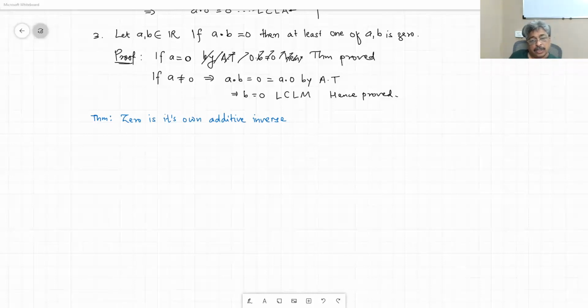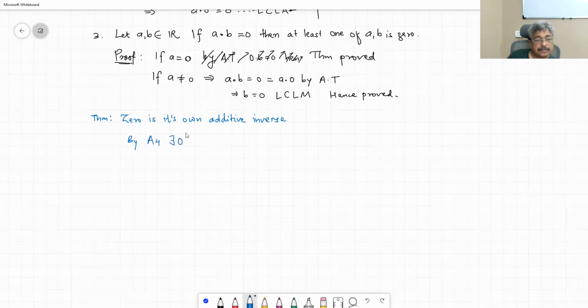0 is its own additive inverse. By A4 there exists 0 dash belonging to R such that 0 plus 0 dash is equal to 0.